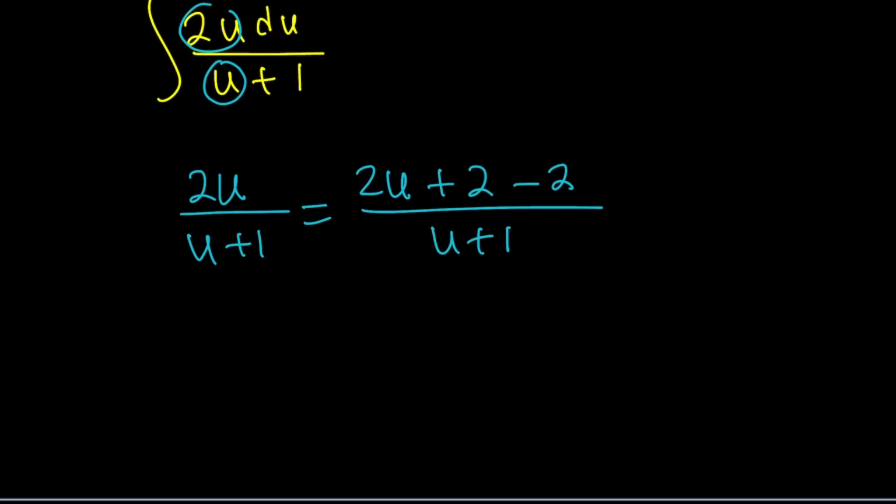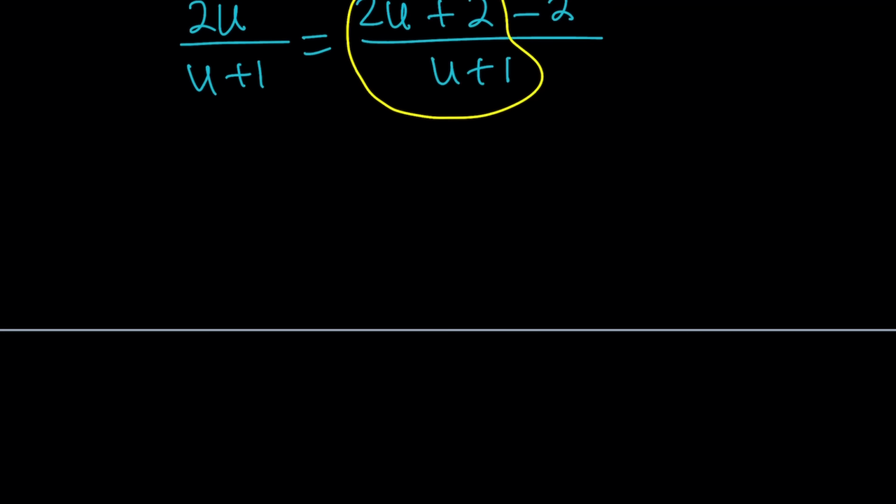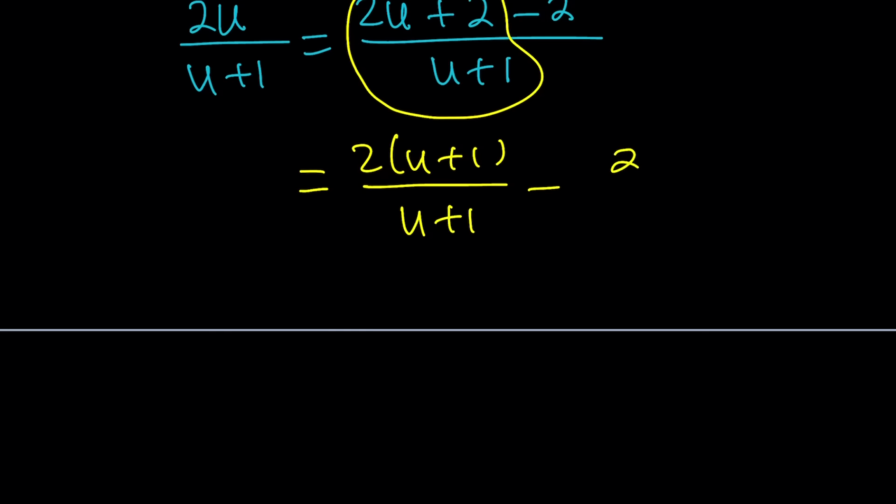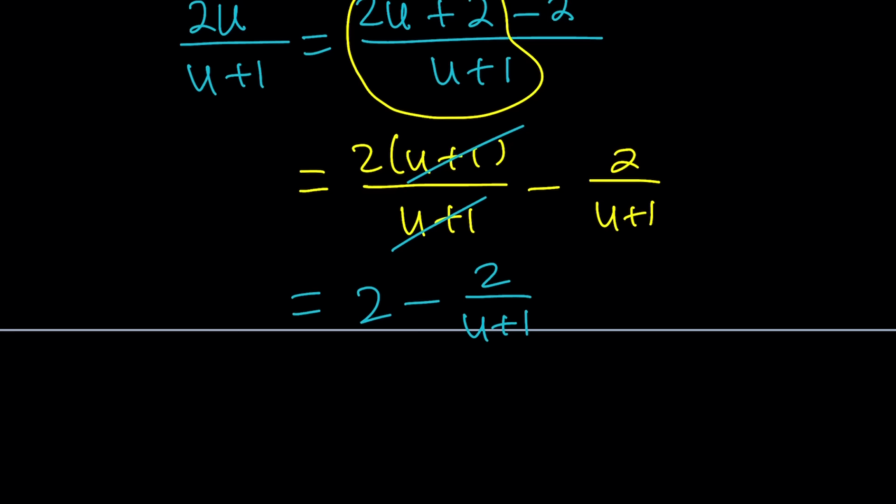The goal behind this is basically to get a 2 from here, because if you double u, you get 2u. So from here we get 2 times u plus 1 divided by u plus 1, minus 2 over u plus 1. U plus 1 cancels out, and we are left with 2 minus 2 over u plus 1. Awesome. And if you make a common denominator, you will get the original expression.